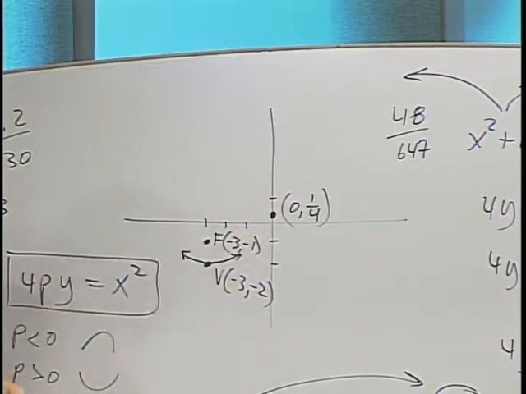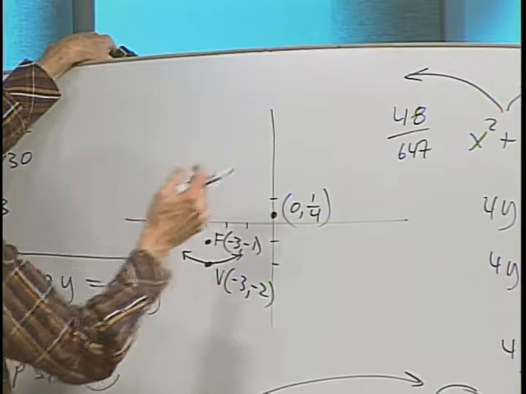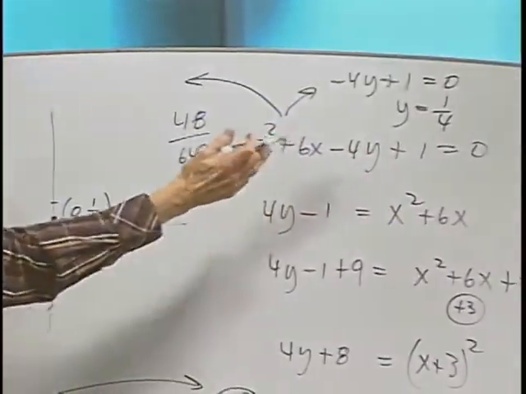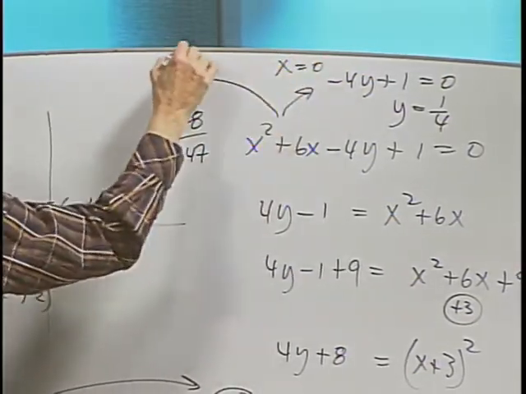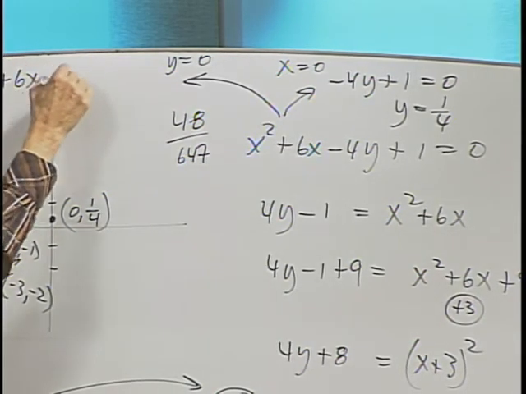Has to be. And how do you find x-intercepts or zeros? You let y equal to 0. So what we would have if we let y equal to 0, over here we let x equal 0. Now we're going to let y equal to 0. And so we're going to have x squared plus 6x plus 1 equals 0.